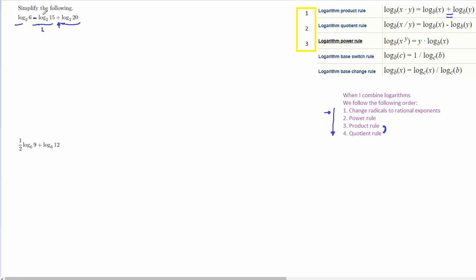So the combination of those two logarithms is a division, not an addition, and the logarithm that you subtract is this one. In order to apply the product rule, the first thing you need to do is consider all those logarithms that have a plus sign in front of them. Which are these?